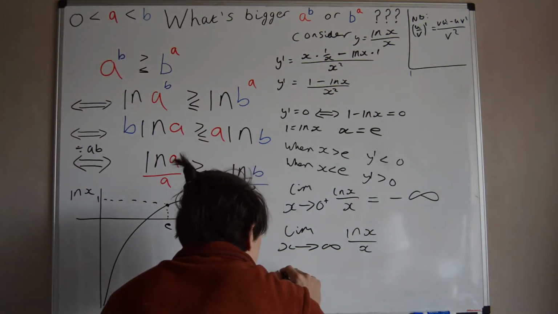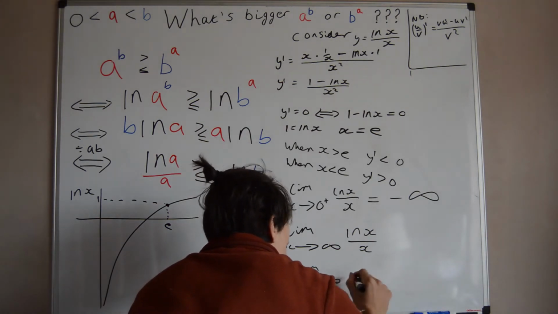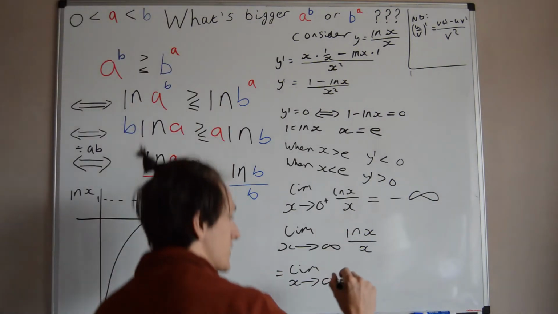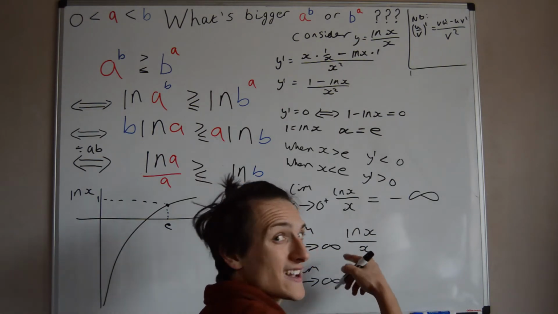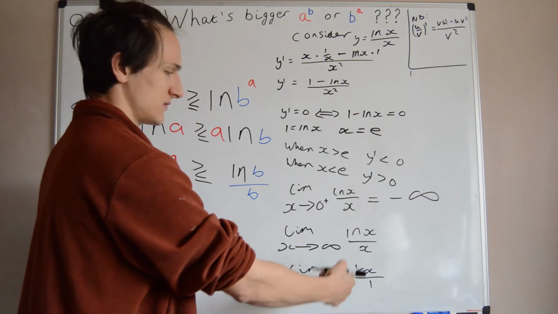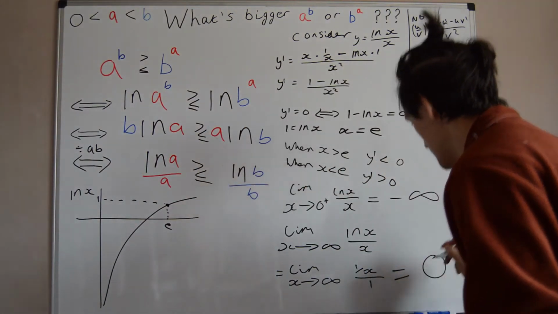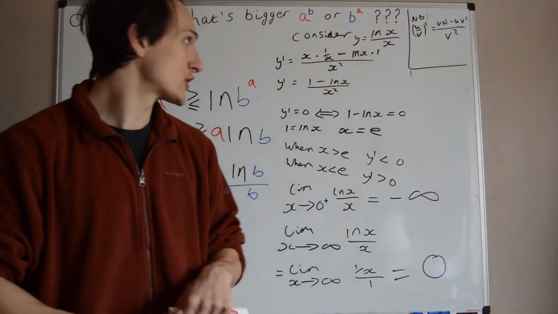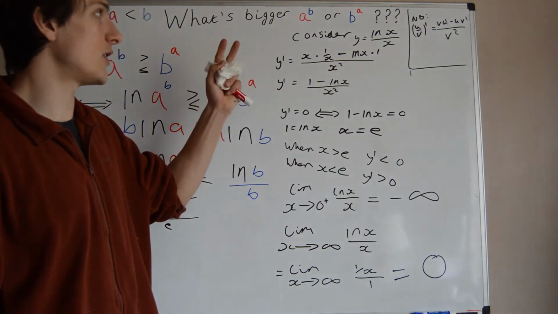So this is equal to the limit as x goes to infinity of the derivatives of these things. The derivative of the top is 1 over x. The derivative of x on the bottom is just 1. So we're considering the limit as x goes to infinity of 1 over x, which is 0.